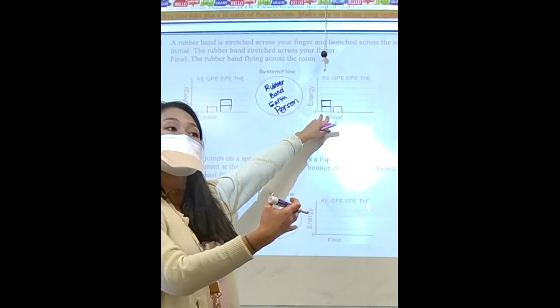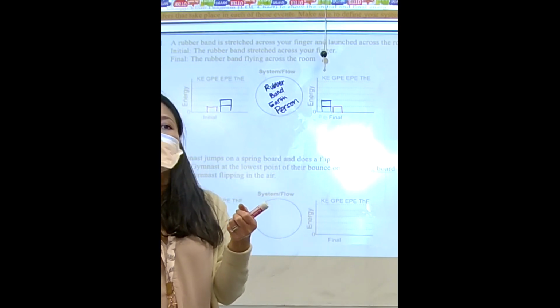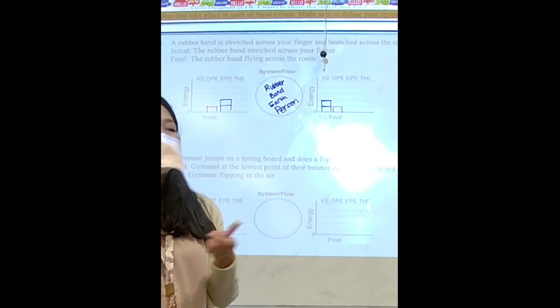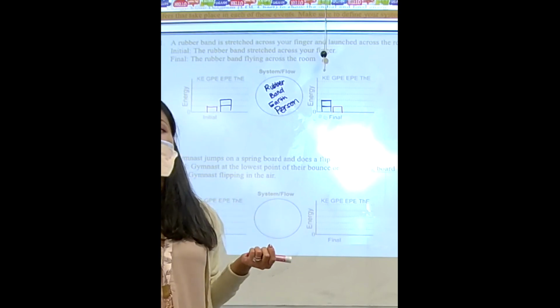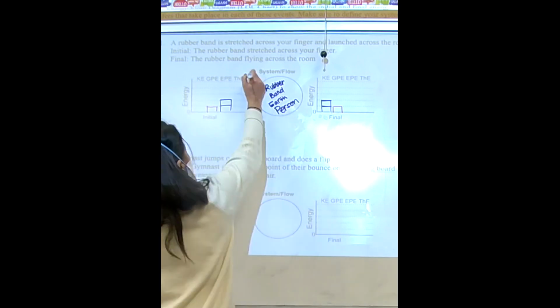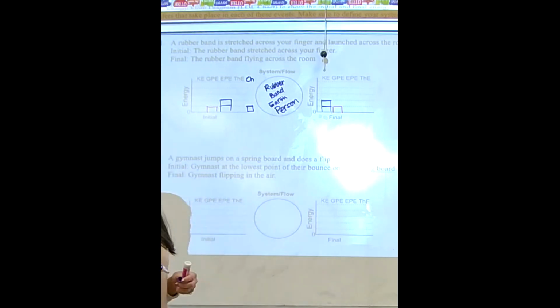But some students thought that the person needed chemical energy to get the rubber band stretched and hold it stretched. So that's a valid reason to have chemical energy. If the person is part of the system, you can add chemical and include that chemical energy here.